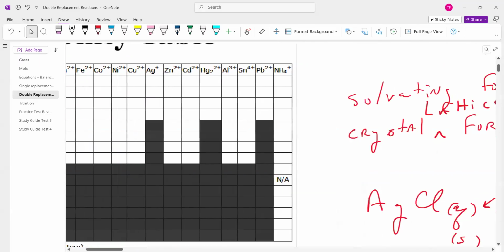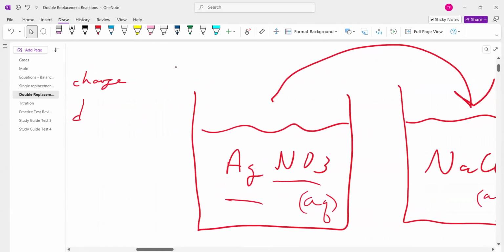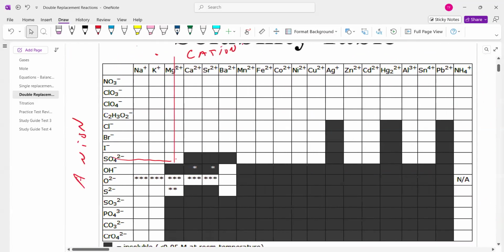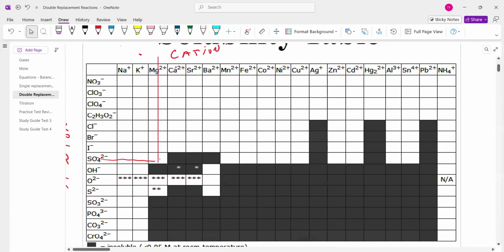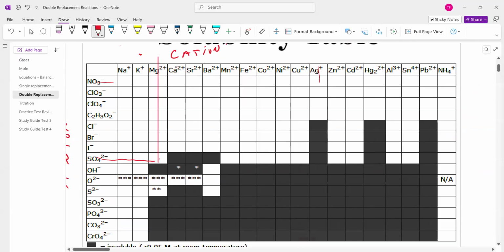Now we're going to use that in a situation like this. Okay, silver nitrate, if we look on the table, we find silver and nitrate, white.